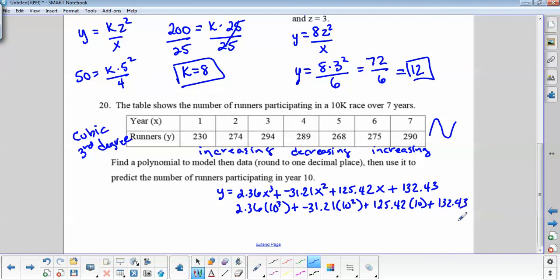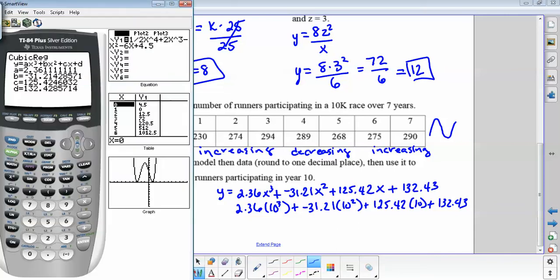Okay, so if you put this in the calculator, you should get an answer. We can also take a shortcut on the calculator. If we put this into your y equals, you could also look at the table of values. But in this case, I think I'll just practice it this way. So remember, 10 to the third is going to be 1,000. 10 squared is 100. 10 is just 10. So I'm just going to substitute that way.